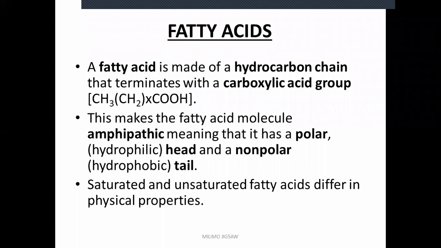Now looking at the structure of a lipid, we did mention already that a lipid will consist of a long hydrocarbon chain with a carboxyl group at one end.